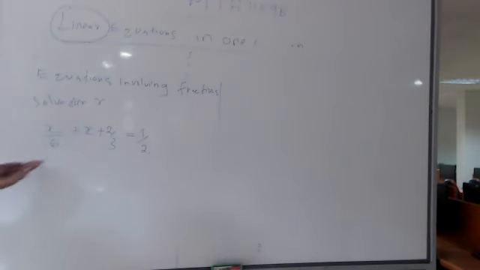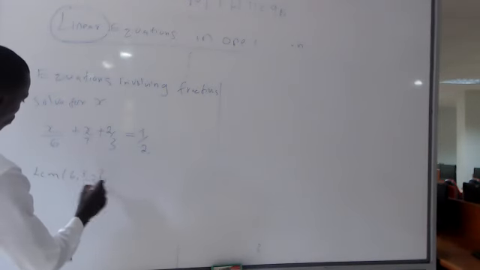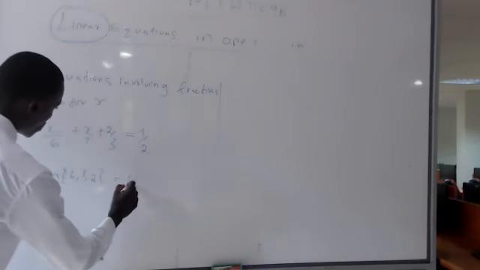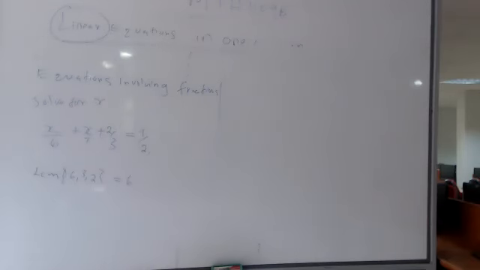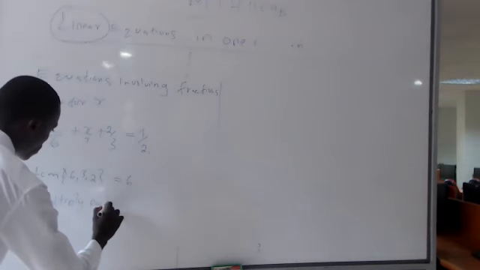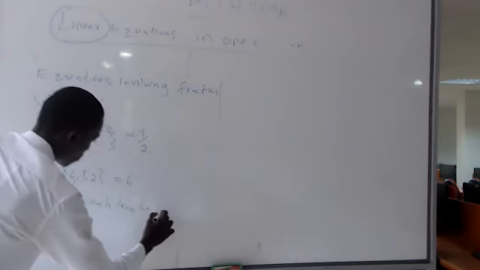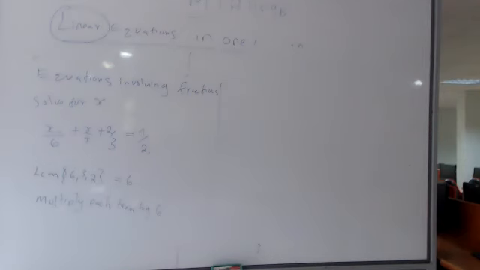First step, find the LCM for the denominators. We need the LCM of 6, 3, and 2, which is 6, and then multiply each term by the LCM, in this case 6.